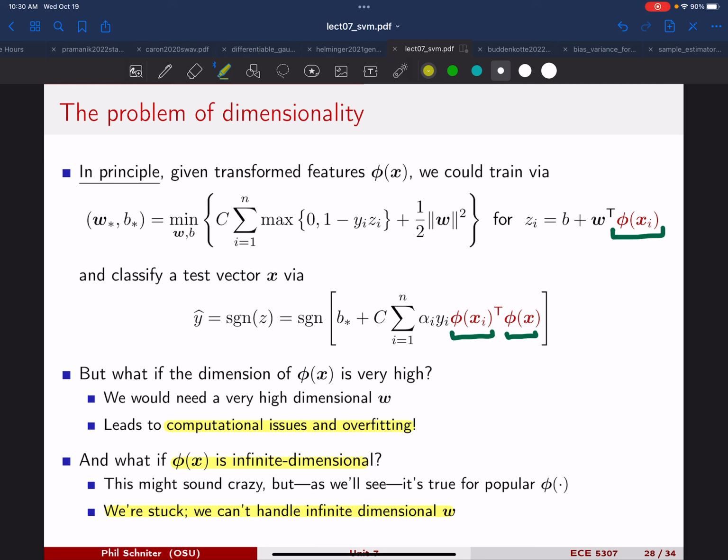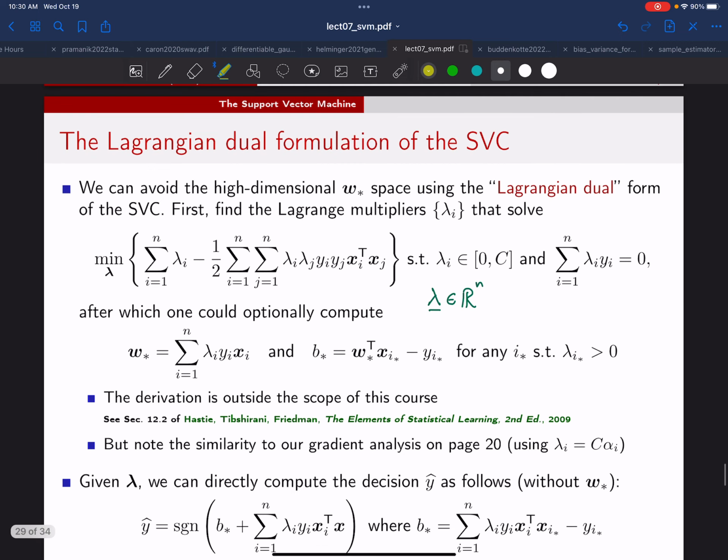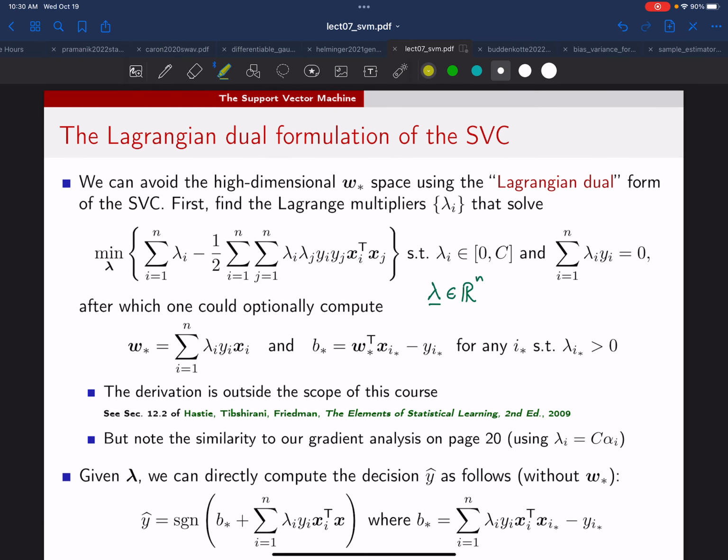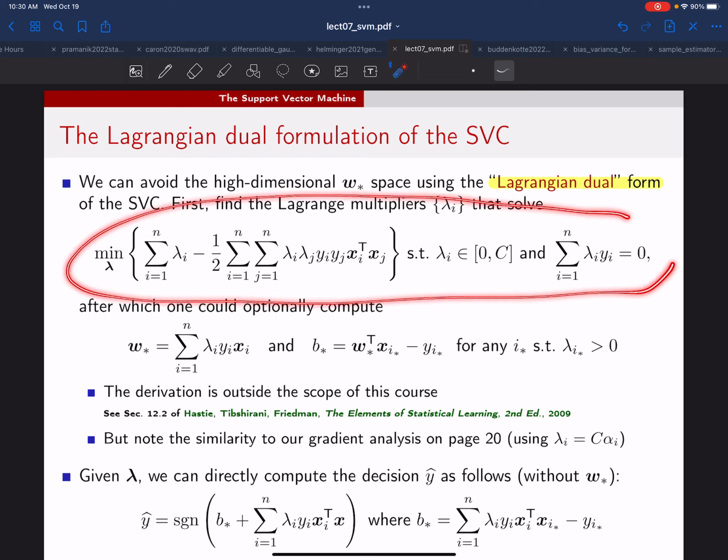Fortunately, there is a way around this. It's that kernel trick that I mentioned before. The first step to understanding that is to reformulate our support vector classifier in a different way, called the Lagrangian dual form. This might look kind of complicated and unfamiliar.